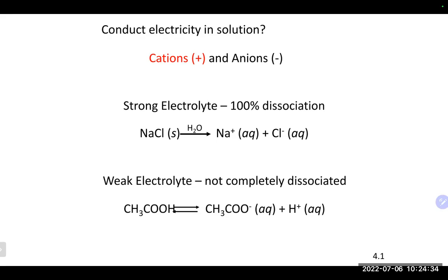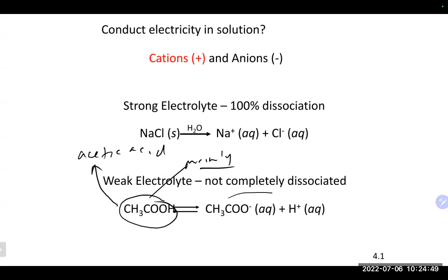Another example of a weak electrolyte is acetic acid, basically vinegar. In solution, it mainly stays together, but will produce a little bit of ions. And again, you see the two-headed arrow on the equation to indicate that. So it will conduct electricity, but not as strongly as a strong electrolyte.